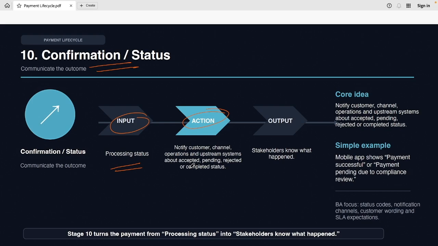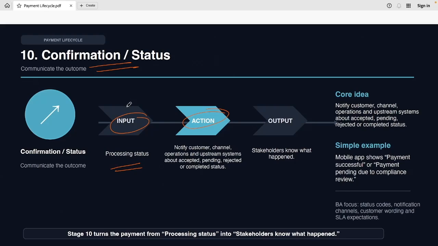Let me just give you a simple example. Once the payment is completed, the mobile application may show payment successful. If there are any issues in between, it may show payment pending due to compliance review. So basically, it may pass the status through mobile application status, email, SMS, operation dashboard and so on.